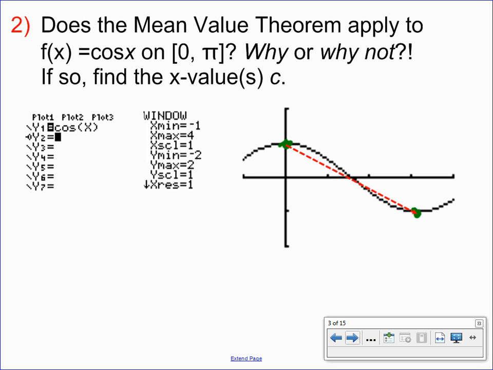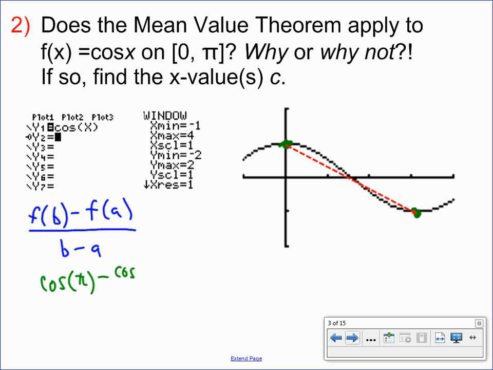We know the slope of the secant line is given by f at b minus f at a all over b minus a. For this particular function, cosine of x, I know cosine of b is the same as cosine of pi. And so we'll go ahead and evaluate my slope of the secant line as cosine of pi minus cosine of 0 all over pi minus 0.